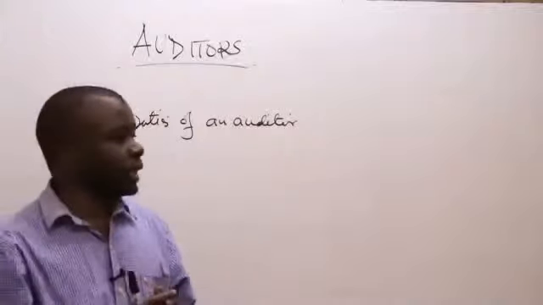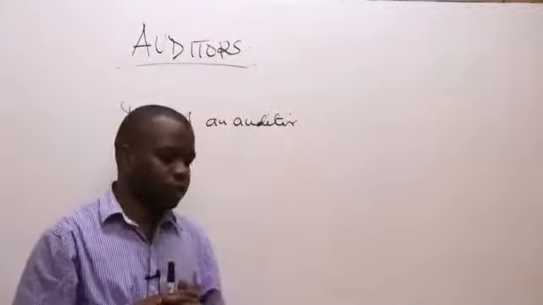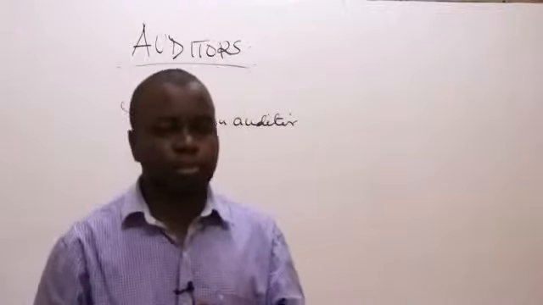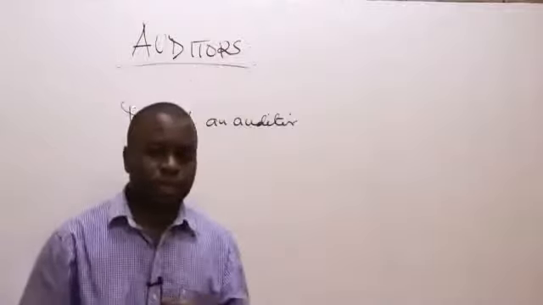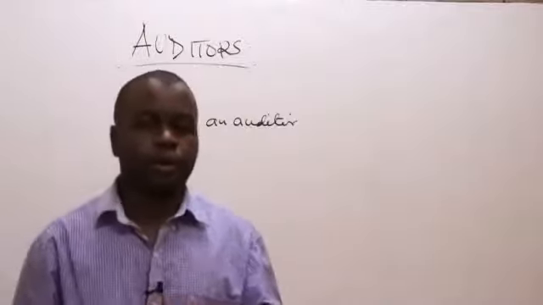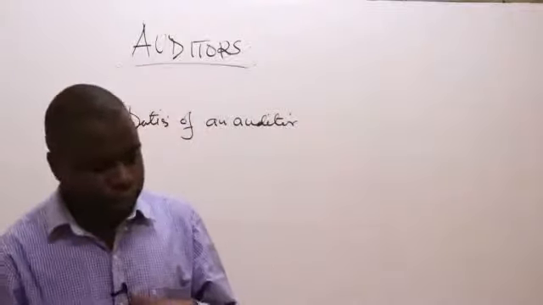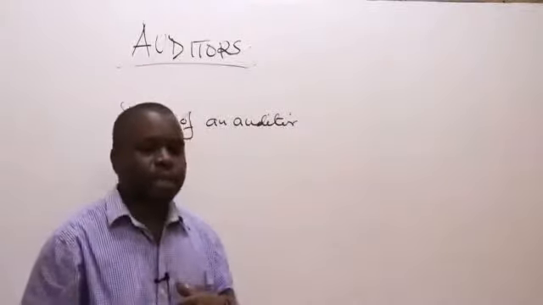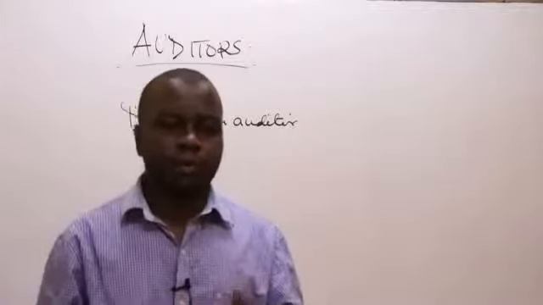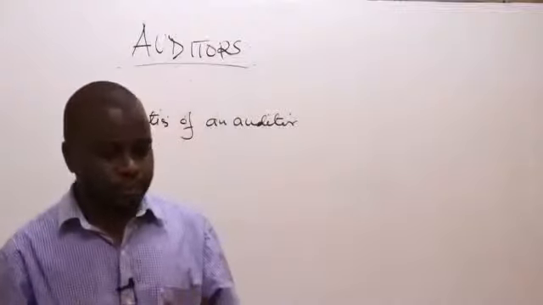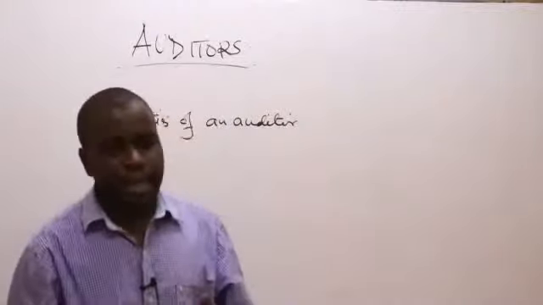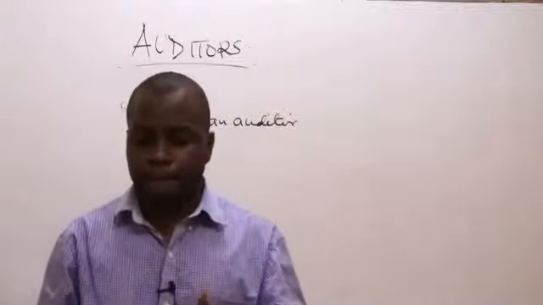So the key duties or the key roles while he's carrying out his audit work is to ensure, number one, he's acquainted with his work or his roles under the articles of the company. Then number two, which is very key, is to lay before the members of the company at the AGM the accounts of the company and explain to them what was happening in the company in terms of the accounts that have been prepared by the company.